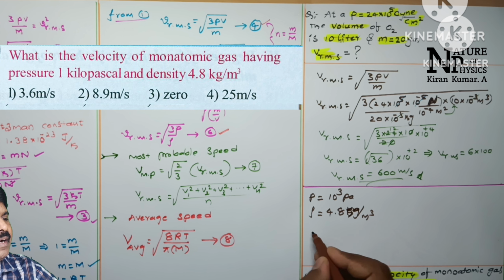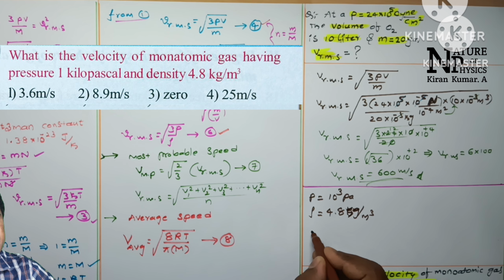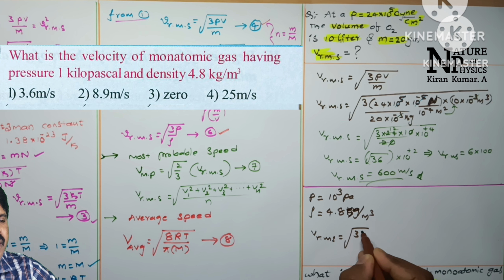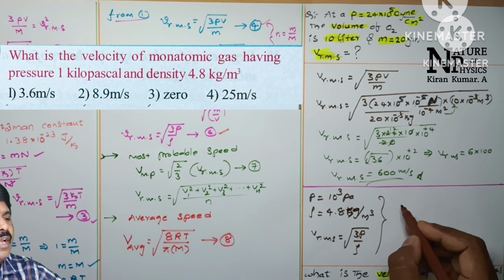So that density related formula just now completed, that is VRMS equal to root over 3p divided by rho. Values are replaced now.